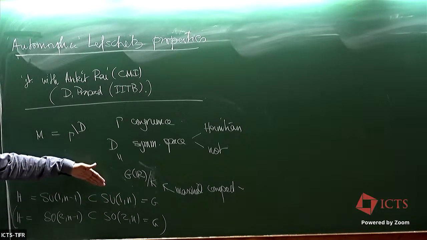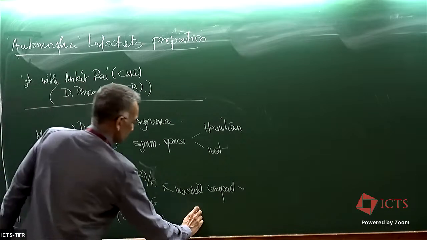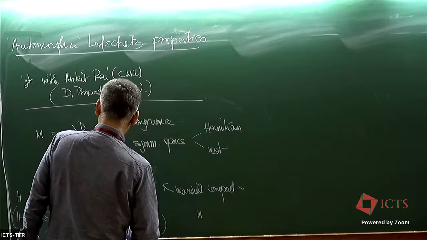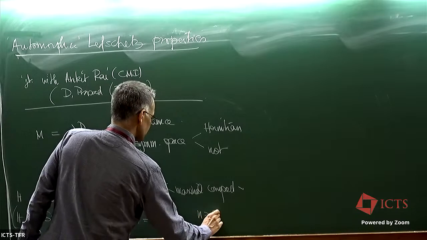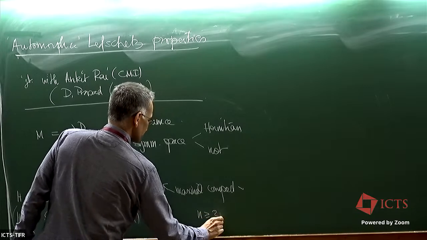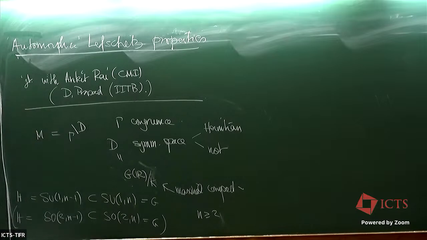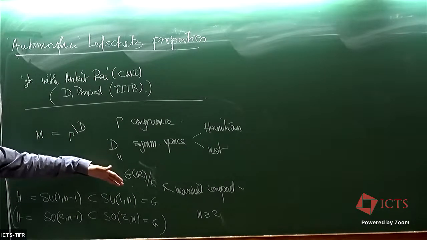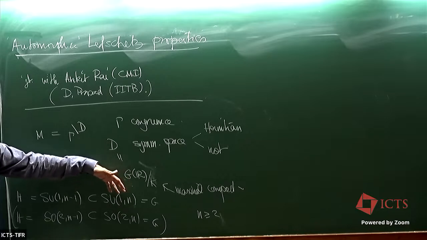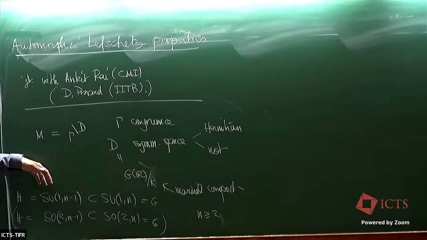So the point is that these are the two cases, and we're really only interested in n at least 2, but let's say we can even assume 3. Yeah. So these are really the only interesting cases in which you have a modular variety, which comes from this group or this group, which contains a modular subvariety.